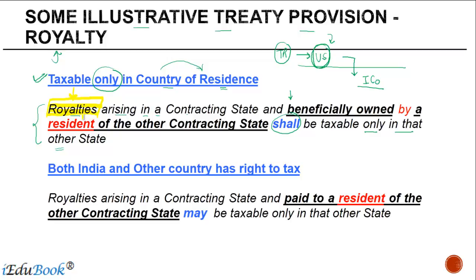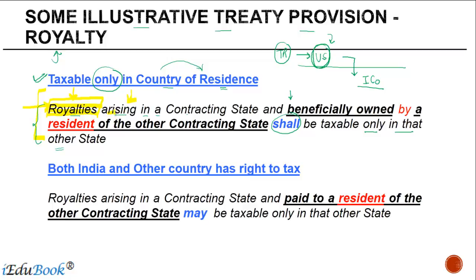Now what is the meaning of royalty? Royalty could be defined under the Act as well as under the treaty. But since this clause you will find under the treaty, if there is a definition of royalty under the treaty, that is something which is to be referred to. So first point is the payment under consideration should qualify as a royalty. Second, arising.